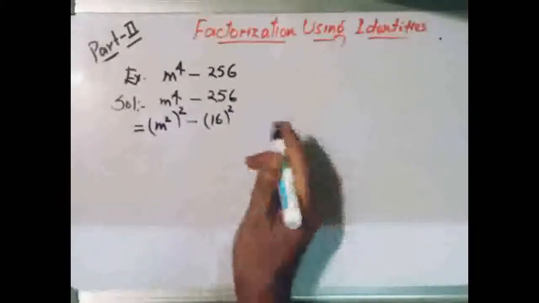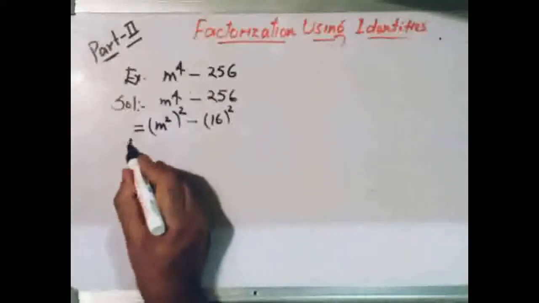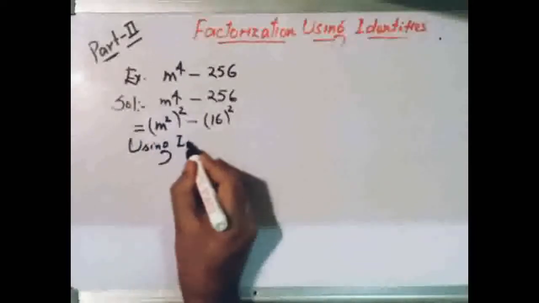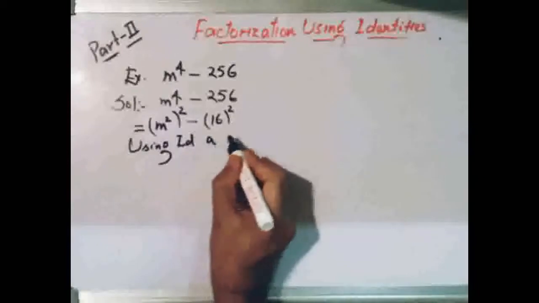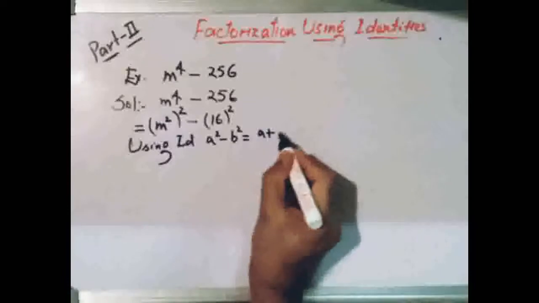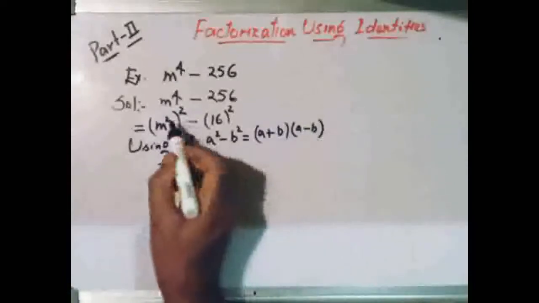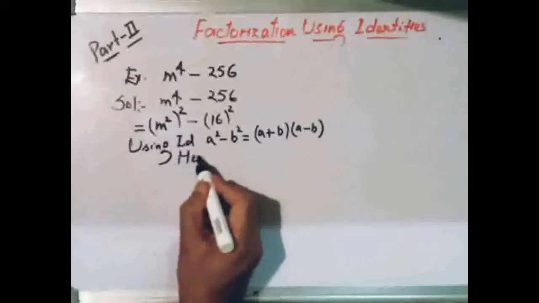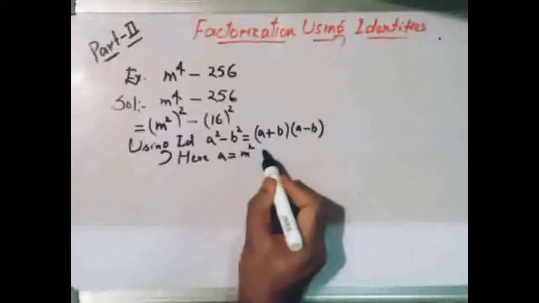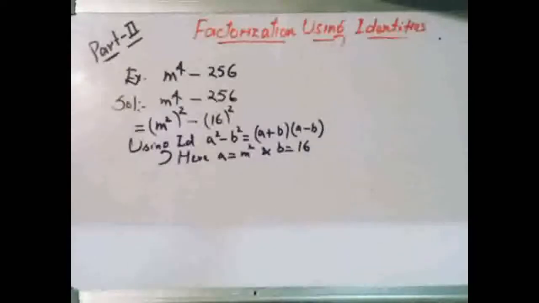Now here, using the third identity, a square minus b square is equal to a plus b times a minus b. So in this expression, a is equal to m square and b is equal to 16.